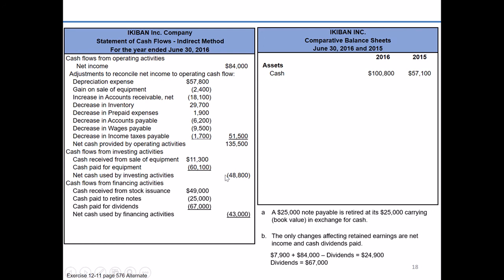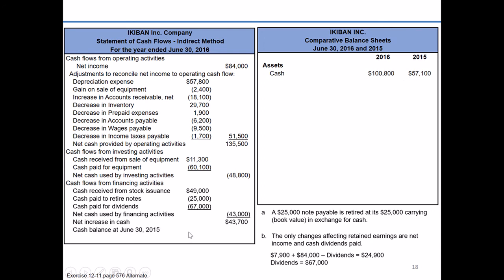This is only one major portion of the statement of cash flows. We want to also add these items up: an inflow of $135,500, an outflow from investing of $48,800, and an outflow from financing of $43,000 leaves us an overall net increase in cash of $43,700. Again, the major portion coming in is operating. We also want to prove out and reconcile and make sure that $43,700 explains the difference in our cash from 2015 to 2016.